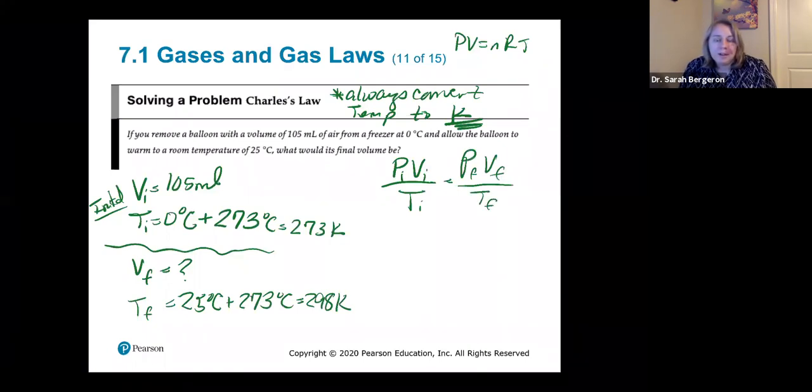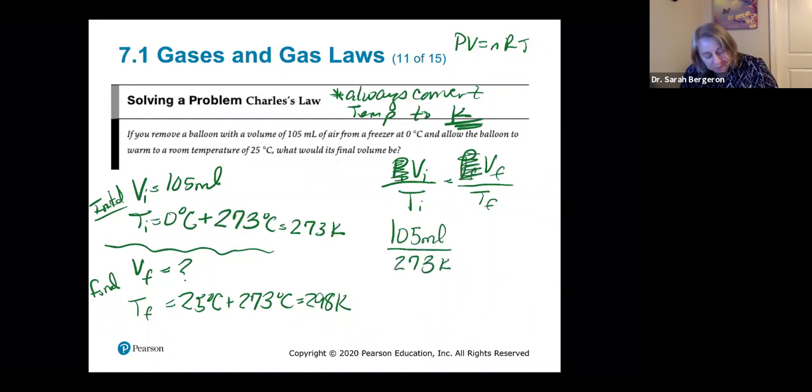Okay, now what's held constant? They didn't tell us anything about pressure, so you can assume pressure was held constant. So now all we're worrying about are volume and temperature. So if our volume initial is 105 milliliters, and our temperature initial was 273 Kelvin.